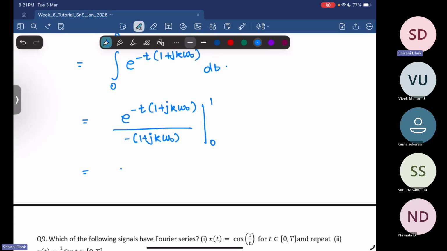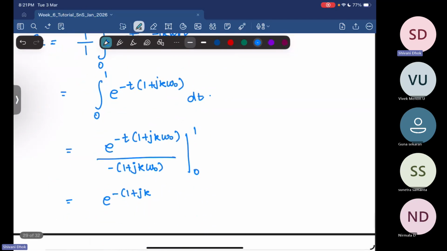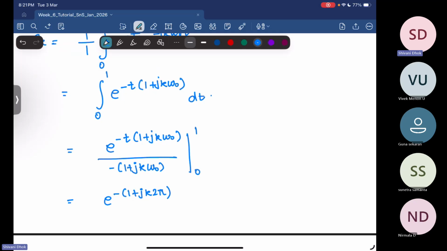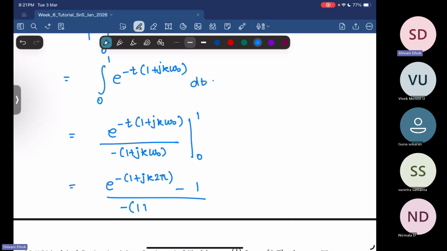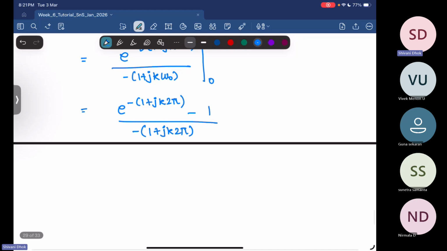This is equal to e power minus 1 plus jk omega naught, which is 2 pi, minus 1, divided by minus 1 plus jk 2 pi. Therefore your Ck is equal to 1 minus e power minus 1 into e power minus jk 2 pi, divided by 1 plus jk 2 pi.